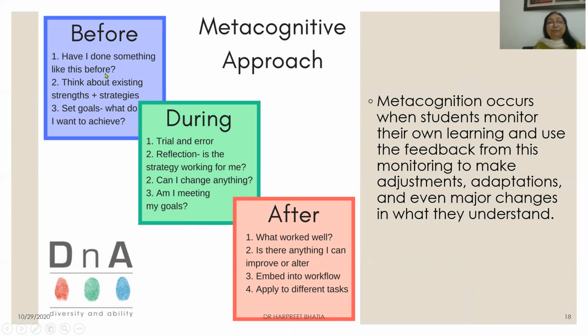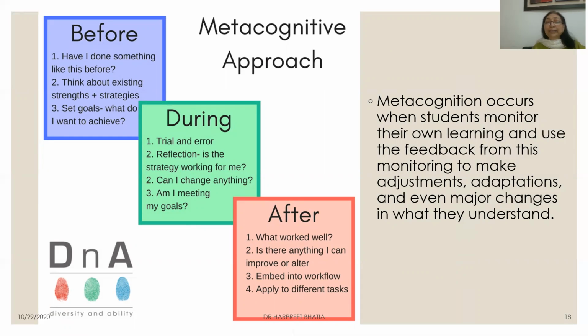Before the student actually does something, the student thinks of or reinforces for himself or herself what he or she has learned before, to decide whether there is any past information which I will be able to use. So the student thinks, what have I done before this?